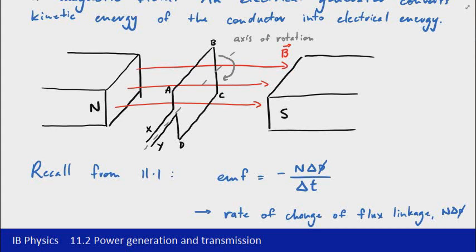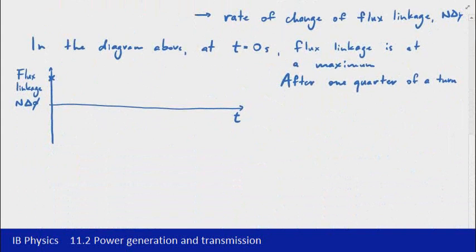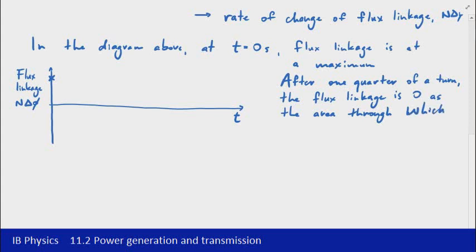So if there's no area through it, then the flux through the loop at that point in time will be 0. So that means then the flux linkage will be 0. And that's because the area through which the field passes is 0, or the area through which the field passes is parallel to the field.